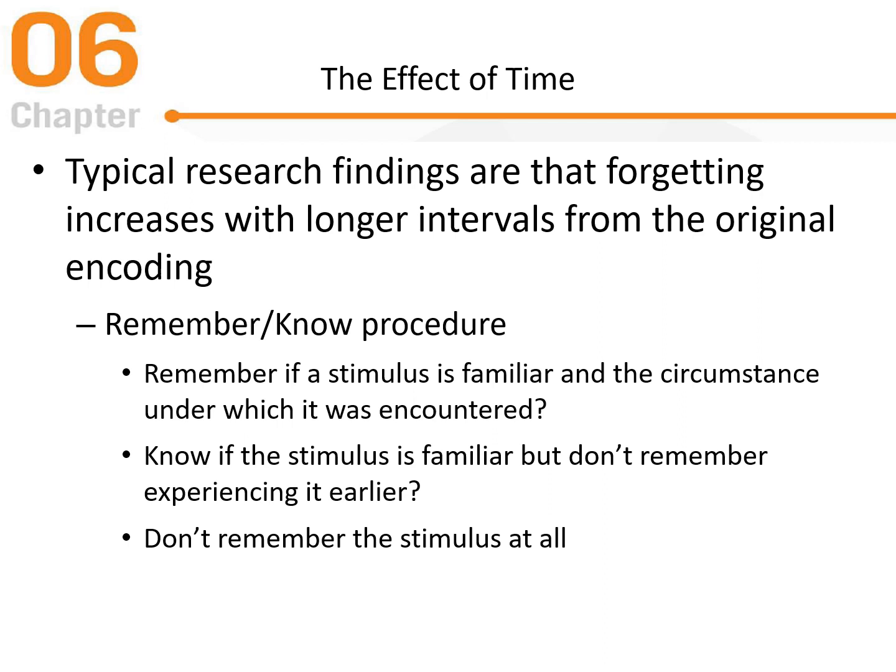So do they know the stimulus and do they know what the circumstance or environment was when they encountered it? Or if they know the stimulus is familiar but they don't remember experiencing it earlier, or if they just don't remember a stimulus at all. We can ask them questions like this to see what section their memory really falls under.